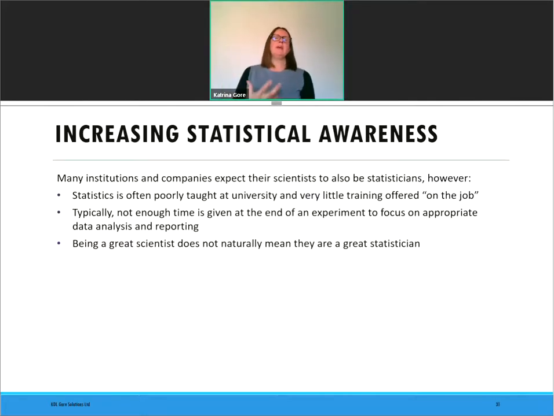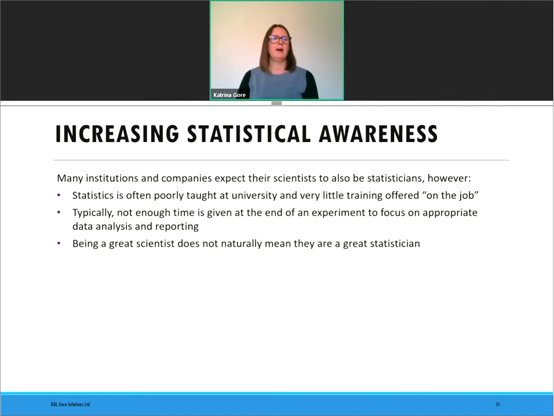To me, I'm really passionate about increasing statistical awareness across the board, whatever organisation I'm involved in. I'm finding over the years that many institutions and companies expect their scientists to also be statisticians. However, stats is often really poorly taught at university, and very little training is offered on the job.